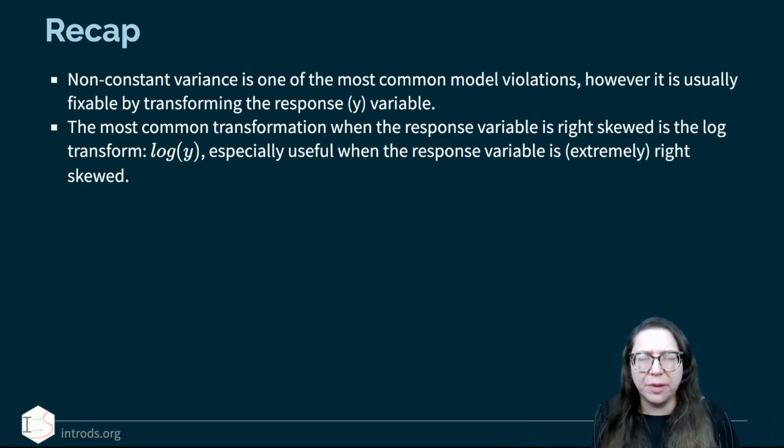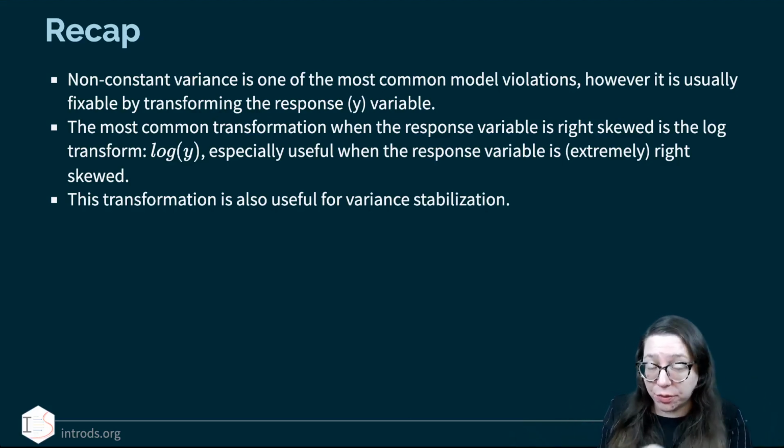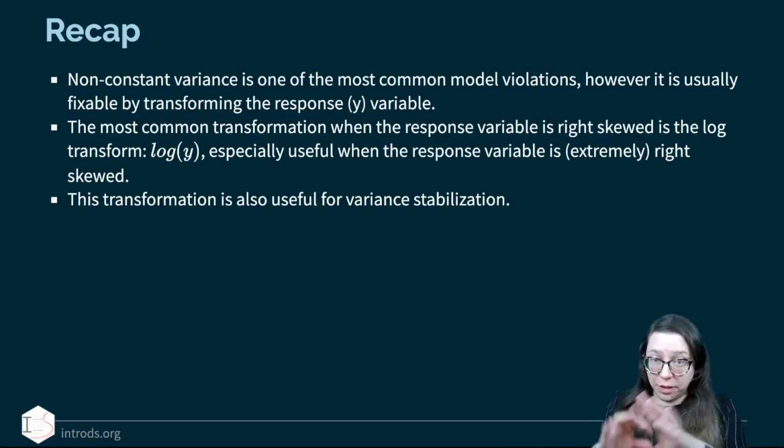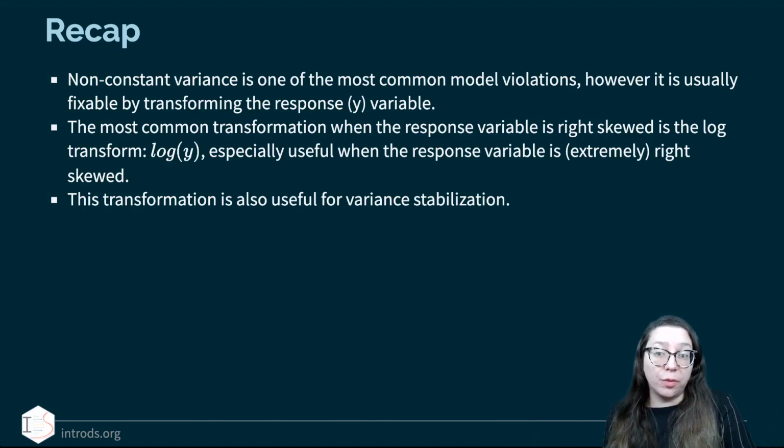This tends to happen with things like prices, for example. This transformation is also useful for what we call variance stabilization. So when the variance around your regression line is not stable across your entire plot, if you will, so you actually have this fan-shaped pattern, this transformation can also help with that as well.